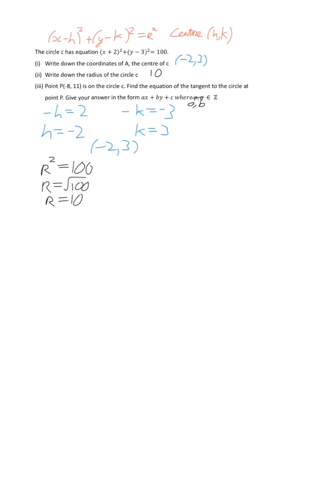So we're told we have a center, minus 2, 3, and then we have minus 8, 11 is on the circle. So in this rough sketch, I'm going to put minus 8, 11 here, and that's point P. And now we need to find the equation of the tangent at point P. So remember, a tangent touches the circle at one point only, so it'll look like this.